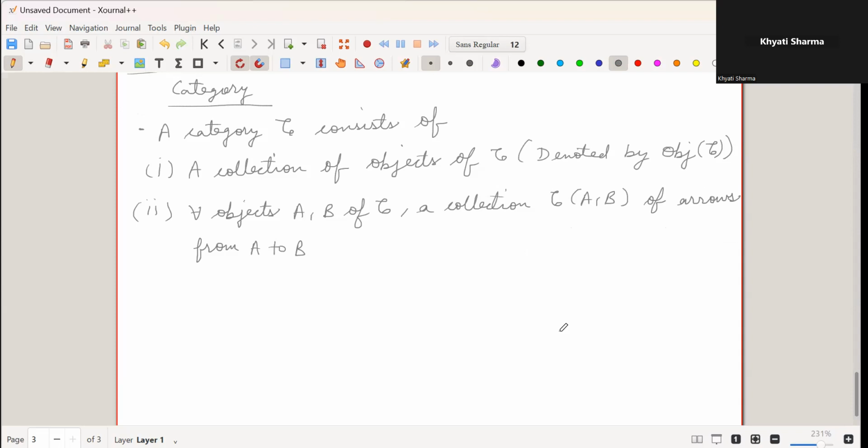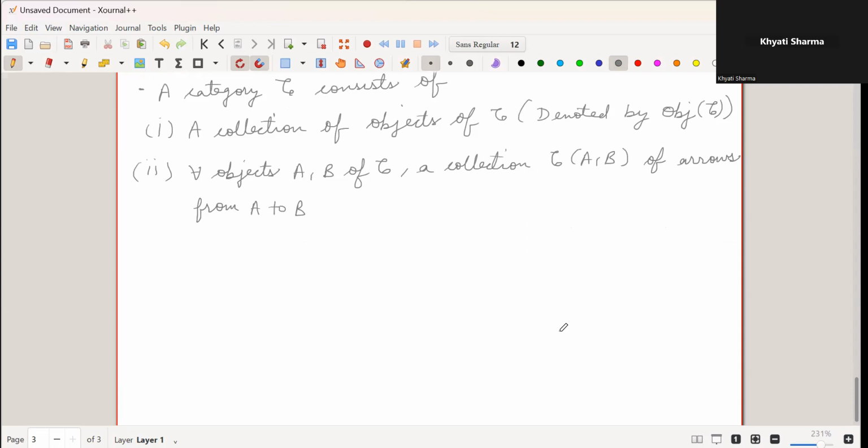So for all pairs of objects such an assignment is there, and this assignment is also nice in the sense that for objects A, B, and C, if you collect three of the objects, a composition function is also there.